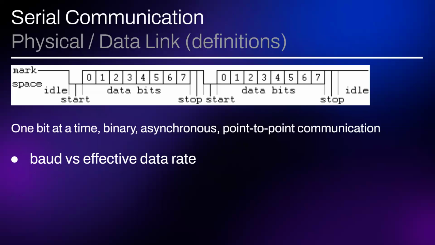You can see you have a high to low edge that indicates, okay, I'm going to start sending you something. And then you have to wait a little bit before you can start sending the data. And then you'll have a stop bit. That'll be a low to high transition that says, okay, I'm done sending that packet of information across the wire.